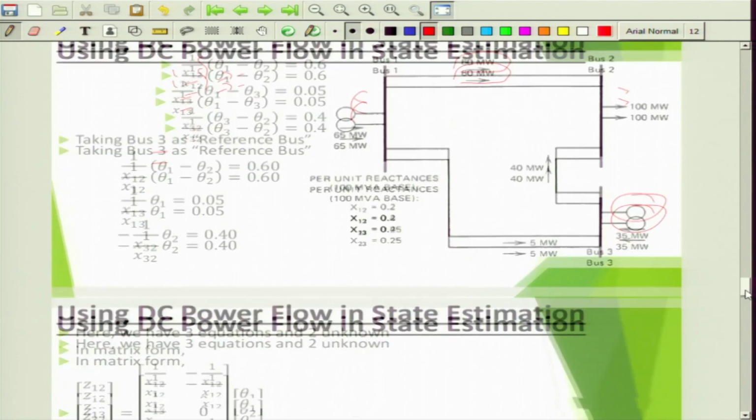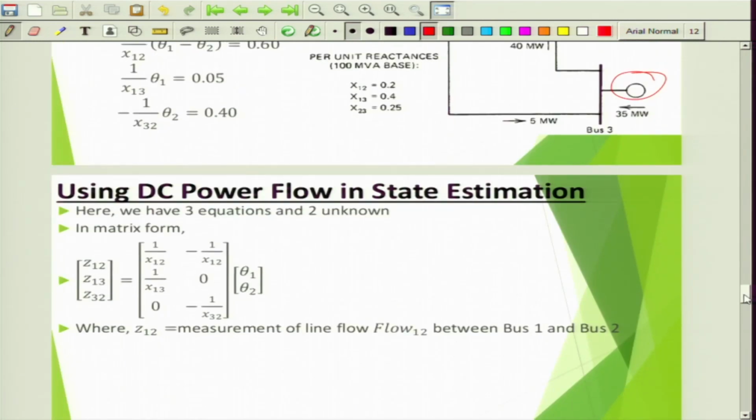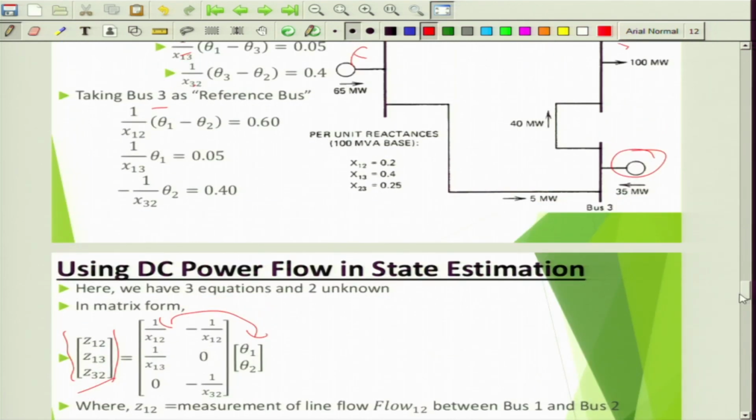So how do you do it? Z1, Z2 and so on are the actual line flow measurements, and there is a dependence matrix, which I am expressing in matrix form. Z12 is nothing but (theta 1 minus theta 2) divided by x12, the phase angle difference divided by the reactance.